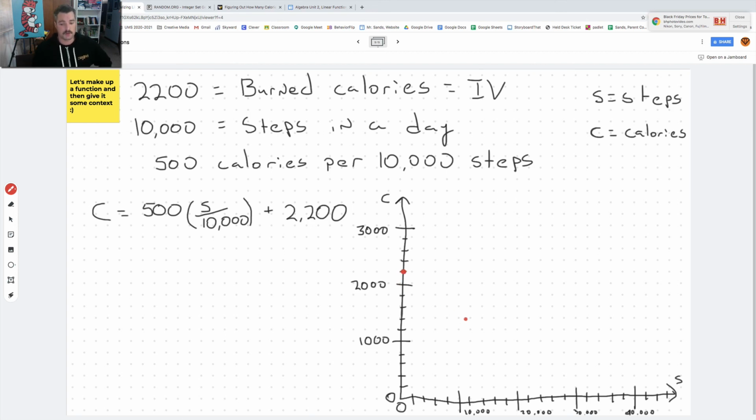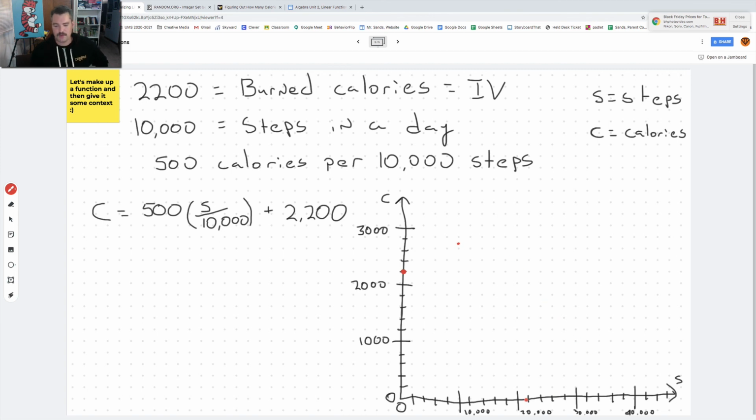0 and 2,200. And we know that if we walk 10,000 steps, that's going to be 500 more. So 10,000 is going to be, that's 200, that's 400, that's 500. That's 2,200, 2,400, 2,600, 2,700 would be right there.